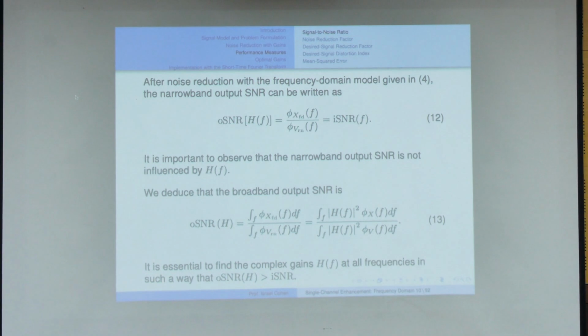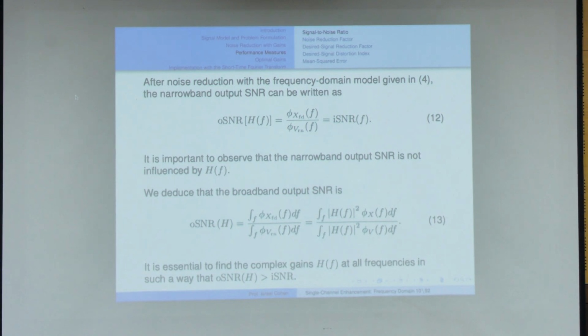And you can think about it like this. Let's think, just for simplicity, that the variance of V is constant for all frequencies. Okay, suppose that it's constant for all frequencies, which means that the noise is white, right? It's the same variance for all frequencies. Just to think about it.